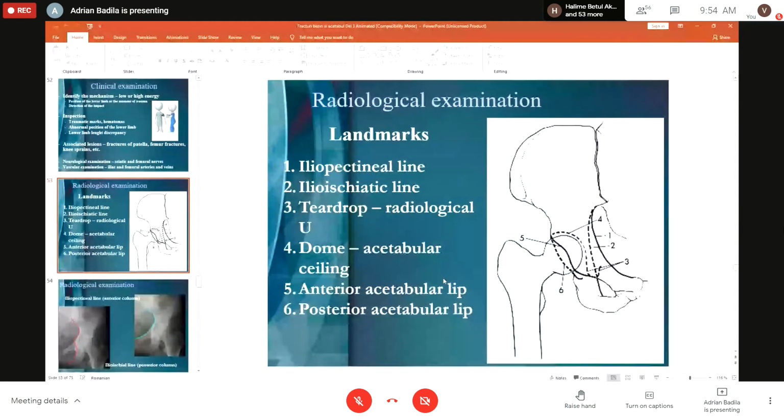At the radiological examination, there are a number of landmarks at the level of the acetabulum.